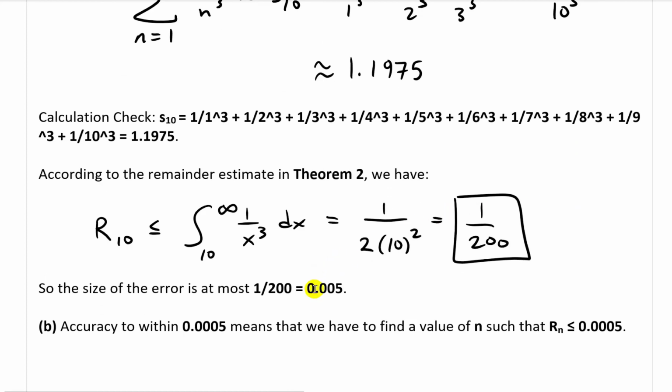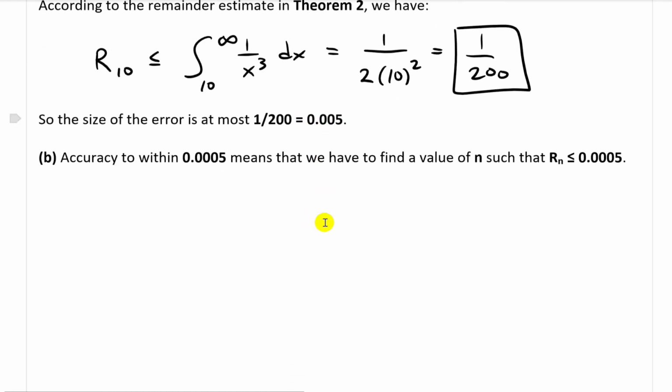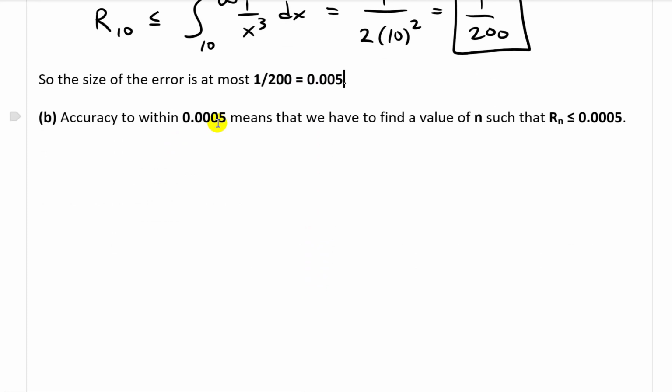So with 10 terms you can be within 0.005, and now accuracy to within 0.0005 means that we have to find a value of n such that Rn is less than 0.0005.